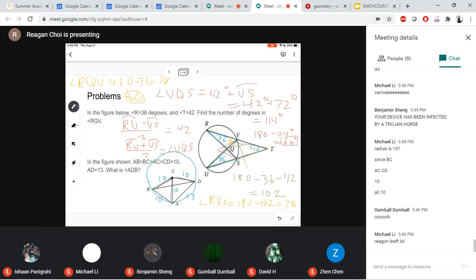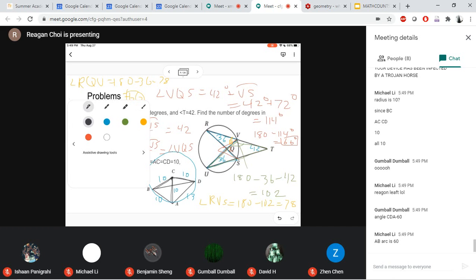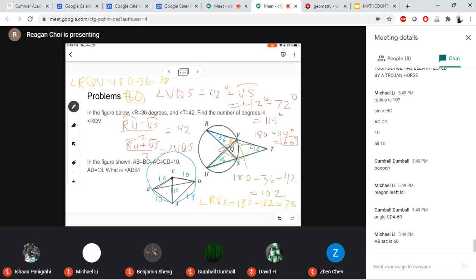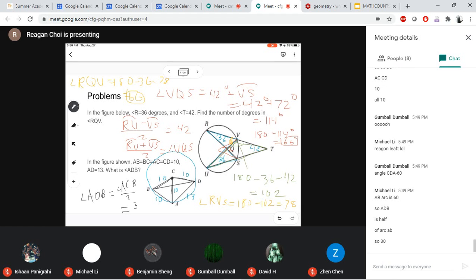Okay, so how can we find angle ADB now? Yeah, so ADB equals half of angle ACB because C is the center. And we know ABC is equilateral, so we get 30 degrees.